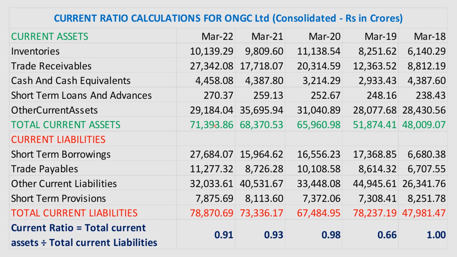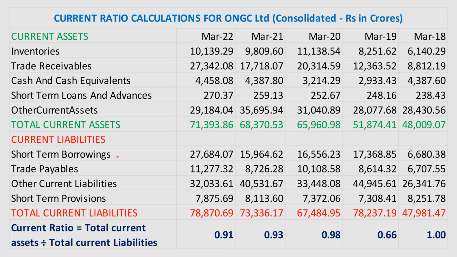This slide shows the current ratio calculation for Oil and Natural Gas Corporation Limited for consolidated values, rupees in crores, for a period of 5 years from 2018 to 2022. The various elements of current assets, namely inventories, trade receivables, cash and equivalents, short-term loans and advances, and other current assets are presented here.